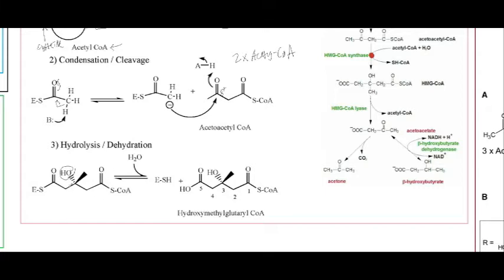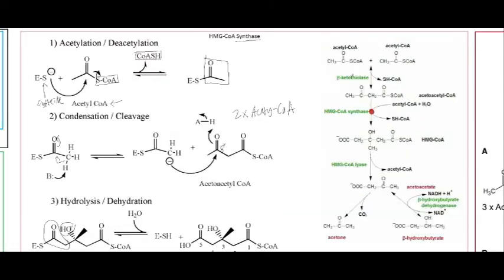So this carbon here and all of this comes from our initial acetyl-CoA, and then this water comes and just hydrolyzes it off of the enzyme, so that we have this hydroxymethylglutaryl, or HMG, and so that's what this molecule is. And then it also has this CoA, which came in from this acetoacetyl-CoA.